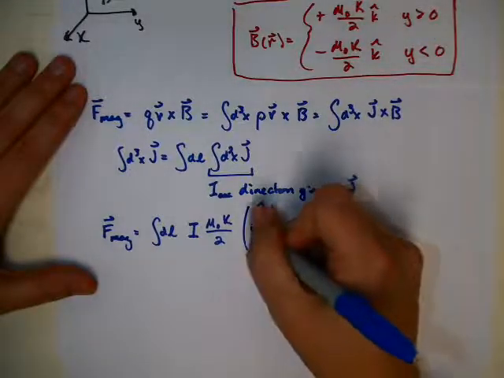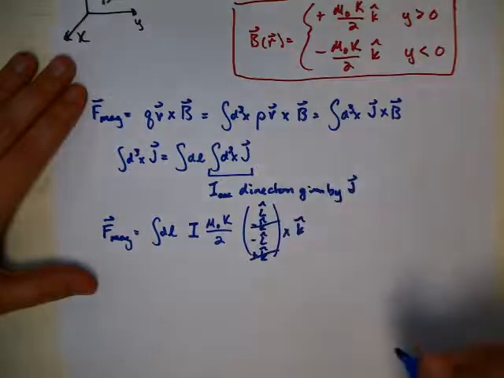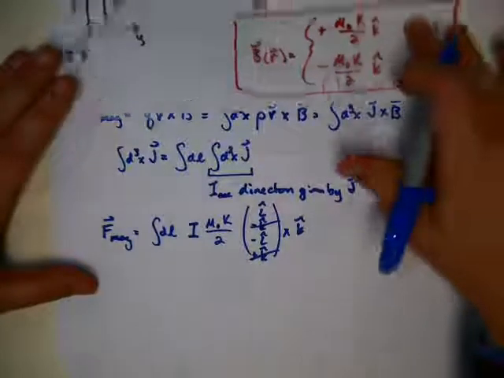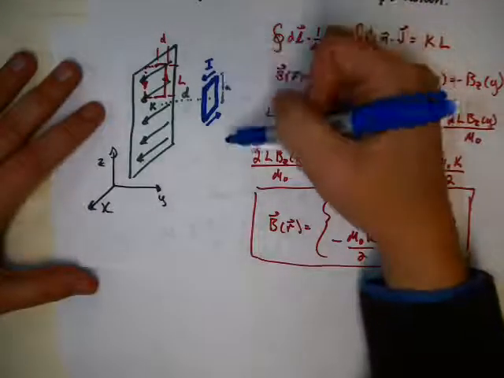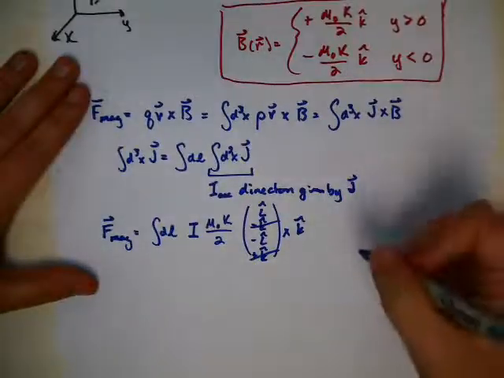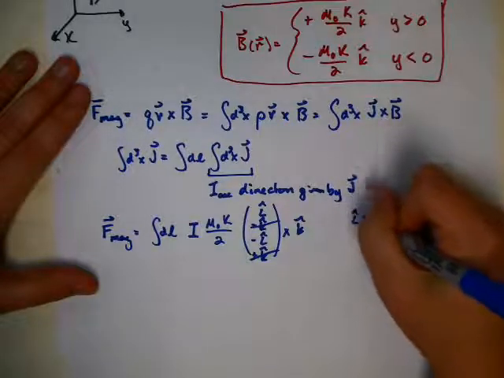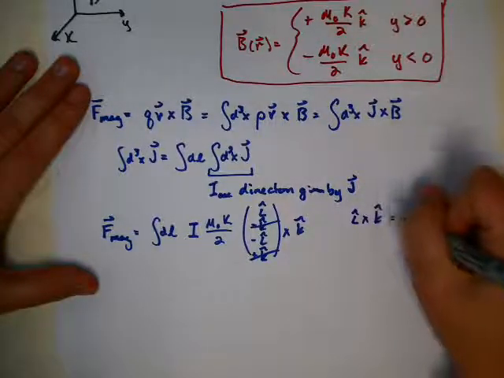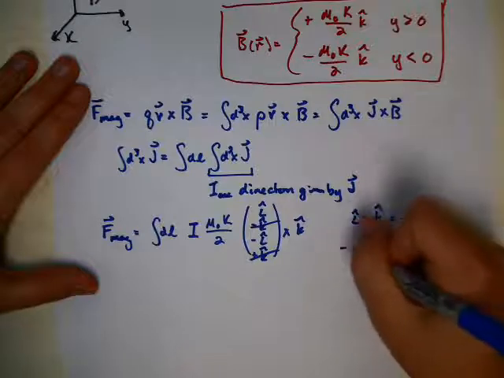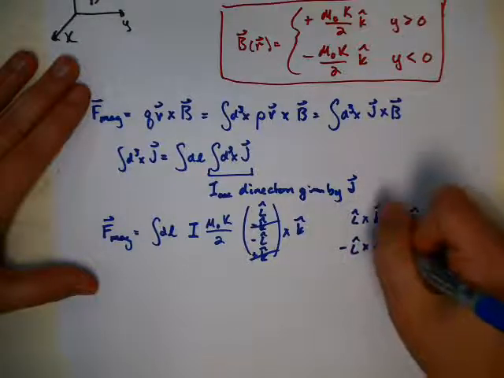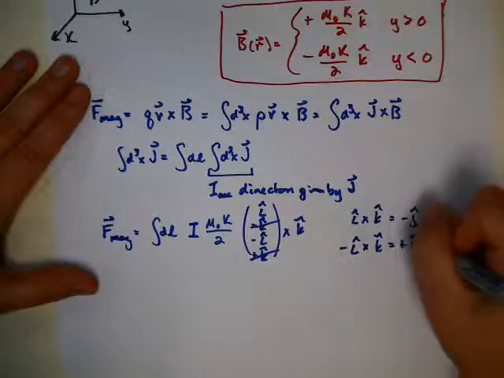I can see that these two are going to go to 0, and so I'm only going to get a force on the top portion and the bottom portion of this. And in fact, the force is going to be in opposite directions, because i hat cross k hat is minus j hat, while minus i hat cross k hat, of course, is in positive j hat.